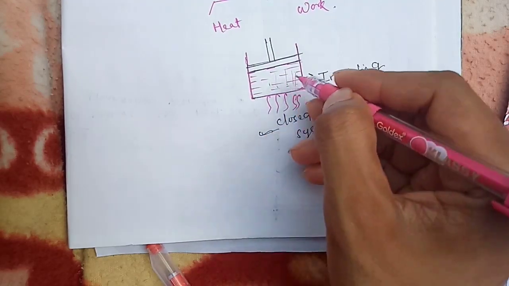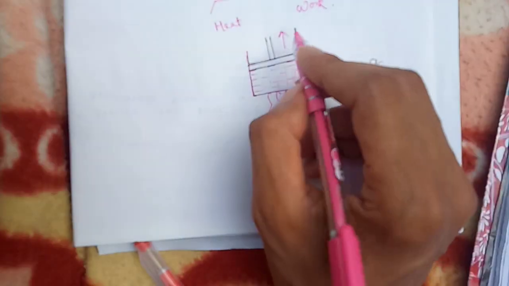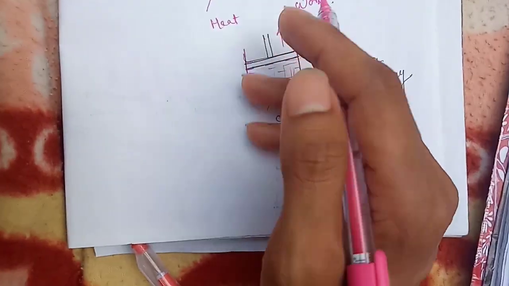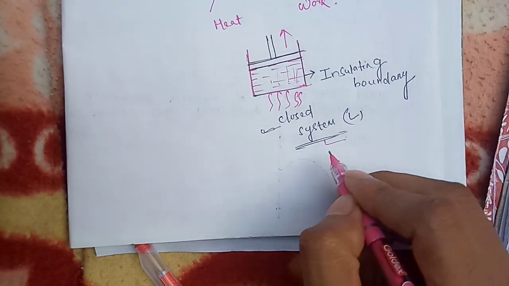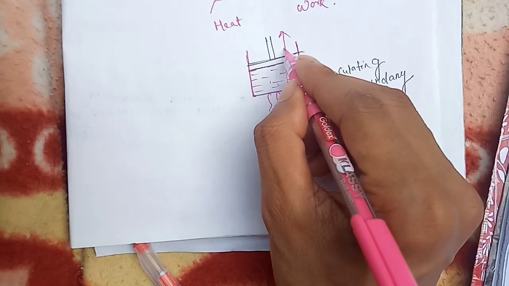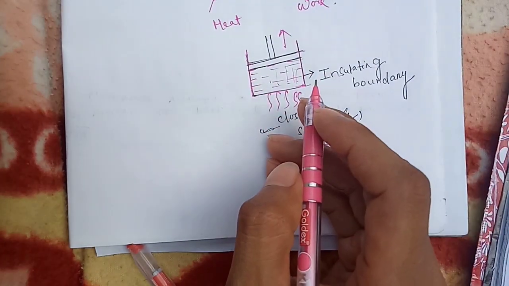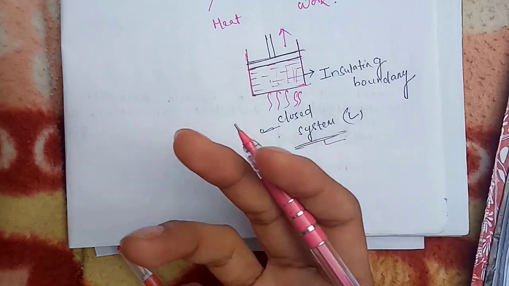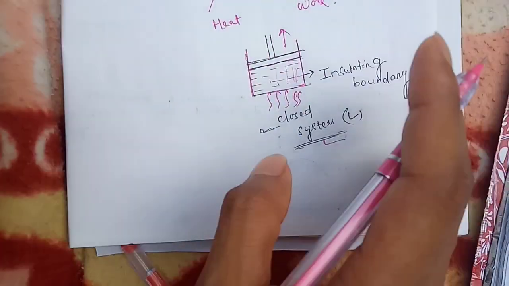So the piston tries to move off. As the piston moves off, the piston will do some work. So it releases some energy. Okay, so here heat cannot be transferred to the surrounding, but work is transferred to the surrounding. So the energy can be transferred to the surrounding. So it is a closed system.